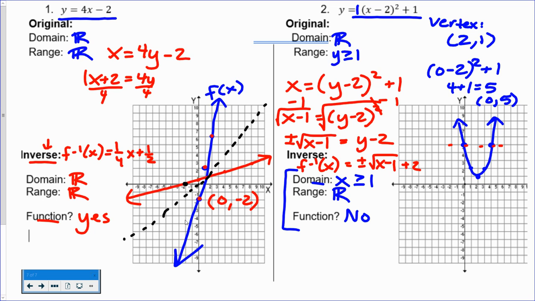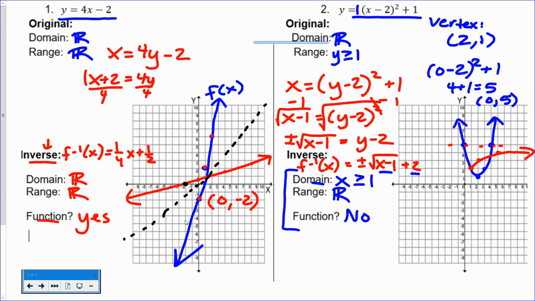So if you think about how we graph problems like this when we have the radical equations for section 6.8, I had to go right 1, up 2. So that's kind of my new vertex, but this graph is on its side. So when we graphed these before, 1, 2, 3, 4, up 2, that's how you would have graphed this radical if there wasn't the minus attached to it.